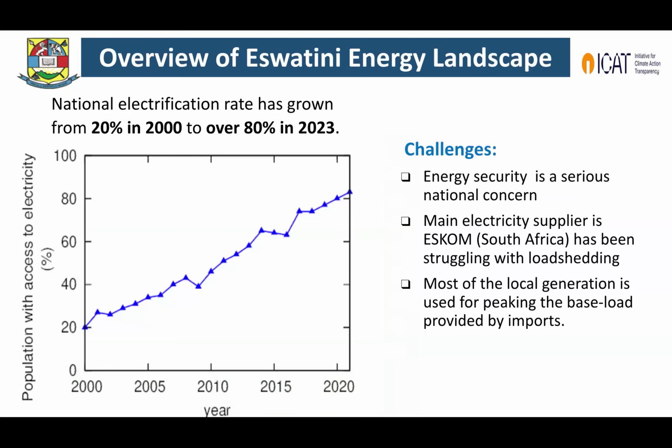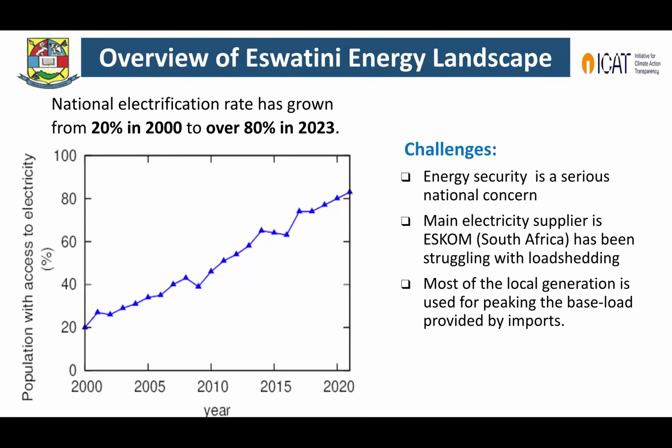And the problem is further highlighted by the increase in the electrification rate. So from 2000 to 2023, there has been an 80% electrification rate, up from the 20% that was in 2000.